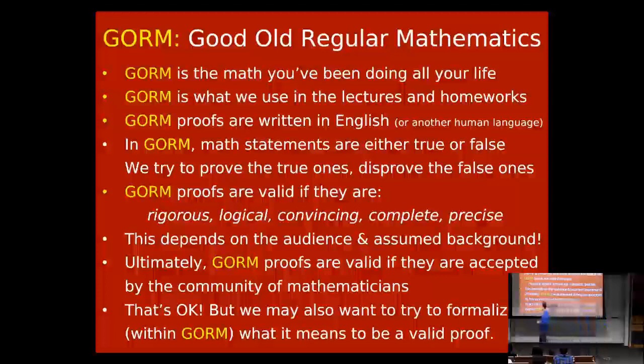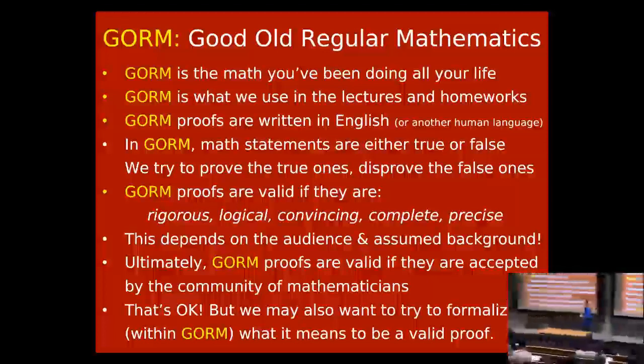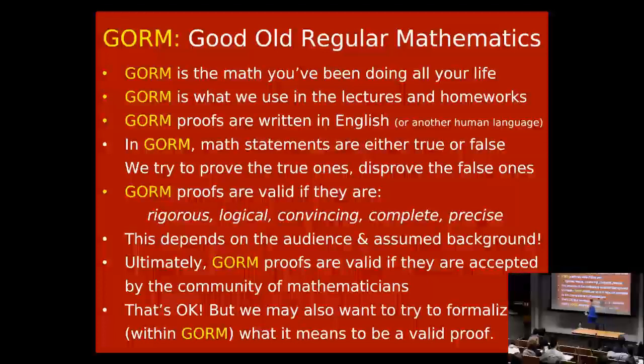But back in this lecture, I also told you some stories about people that thought they'd proved some things, and it turned out to be incorrect, and how it made mathematicians in the olden days a little bit nervous. So they decided, well, this GORM is all well and good, but we'd also like to invent a mechanical logic for talking about proof so that we could really be sure whether or not we've proved something in a very careful and formal way.